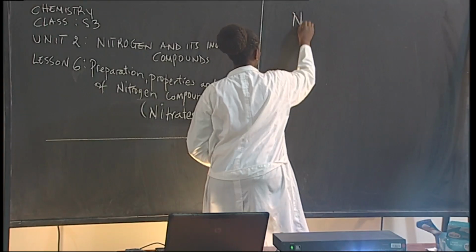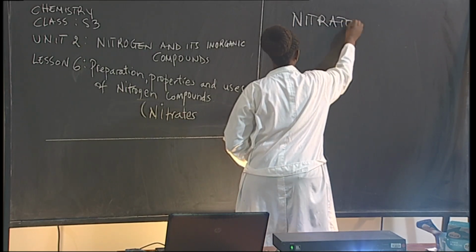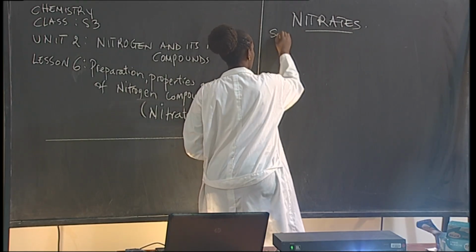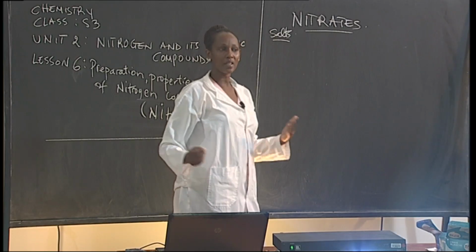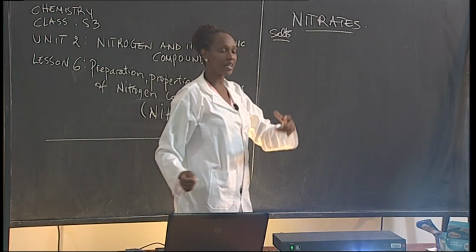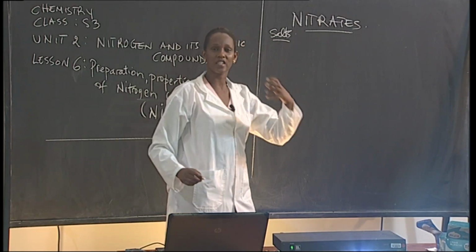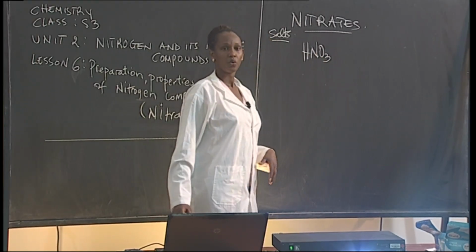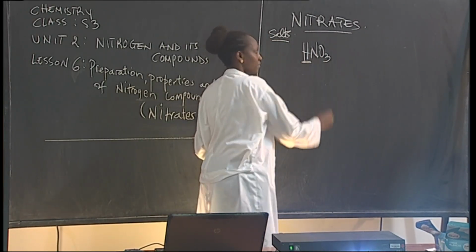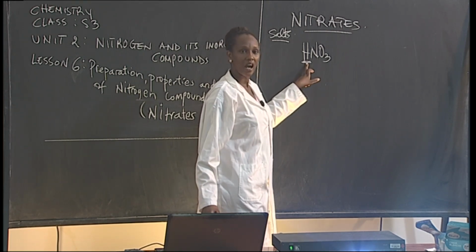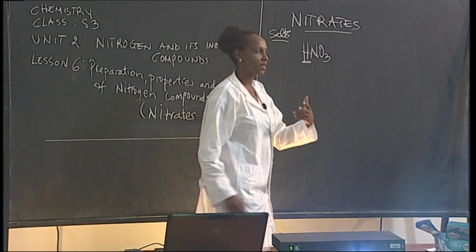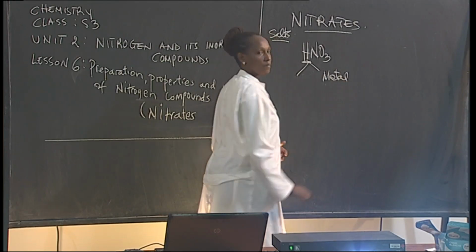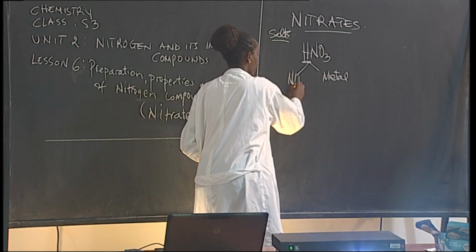Nitrates are salts. How are they formed? They are formed when the hydrogen ion in nitric acid, this is nitric acid we are talking about, is replaced by either a metal or an ammonium ion.